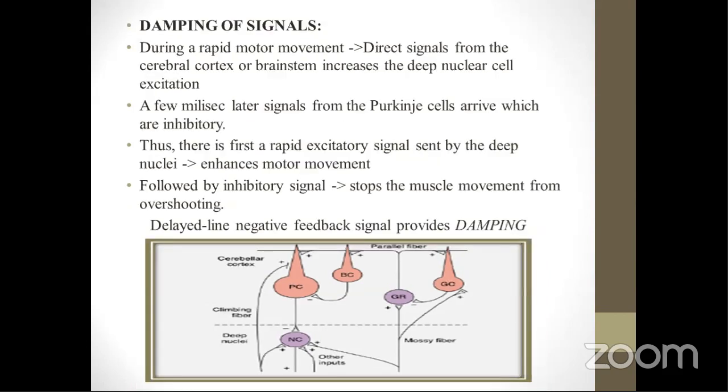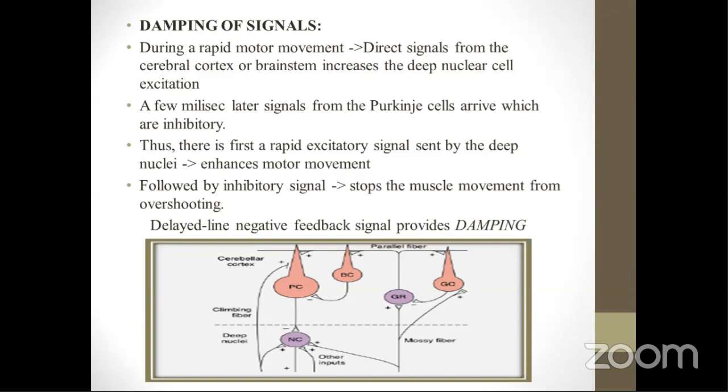The third important property, which is very commonly shown by the cerebellum, is damping of signals. Now, how does this damping of signals occur? Whenever you are having a rapid motor movement, say for example, you are running, direct signals from the cerebral cortex or brainstem will increase the deep nuclear cell excitation to perform that particular activity.